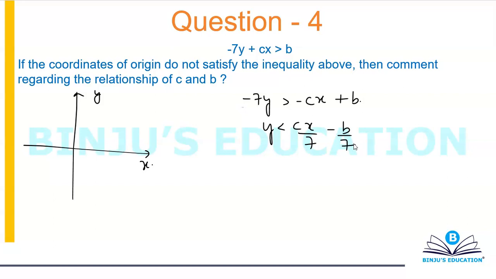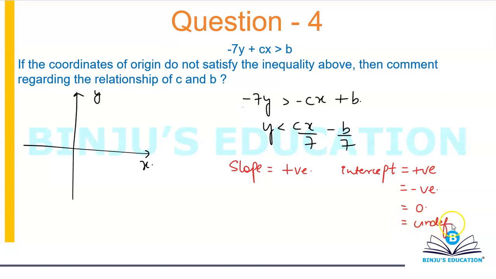Let's see. First thing is slope is positive, intercept can be positive, can be negative, it can be 0, and it can be undefined.